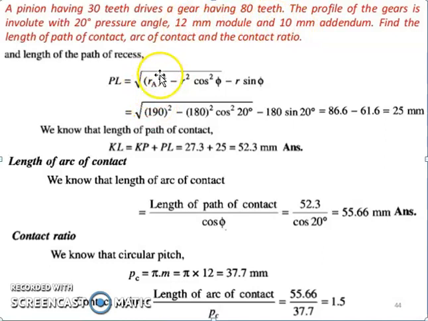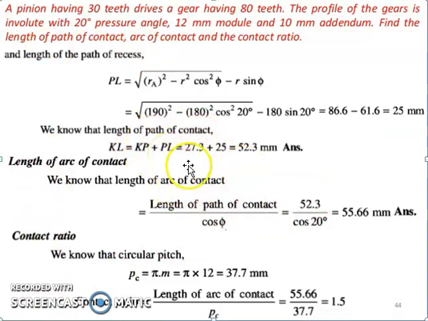I will go with path of approach plus path of recess, because I know the length of path of contact is LPC plus LAC.